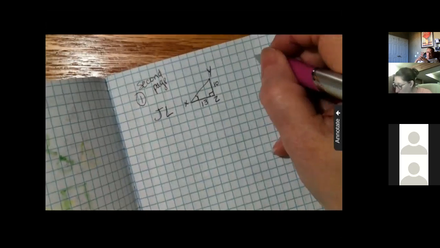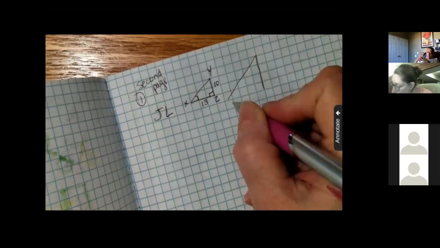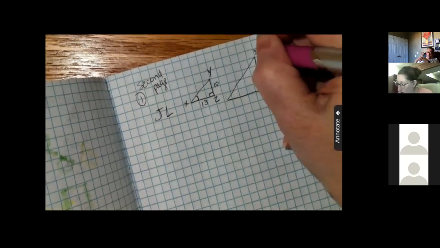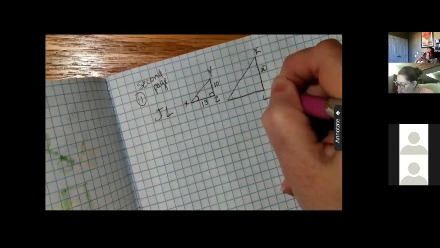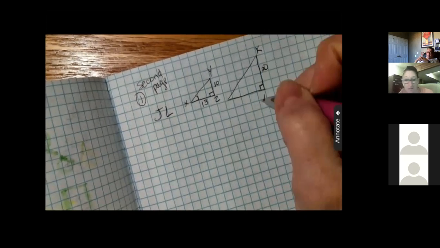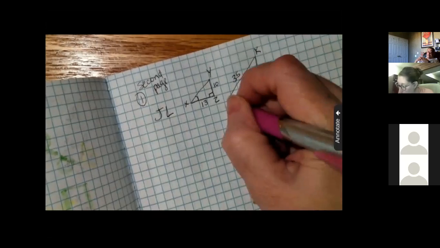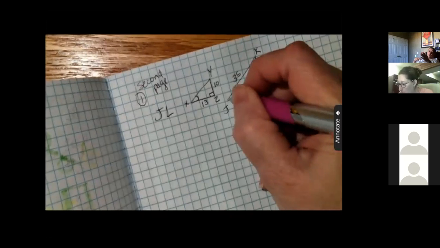Now we have the bigger one. K, 20, L, same symbol. That's a good sign, because that means they probably match up in similarity the same way.